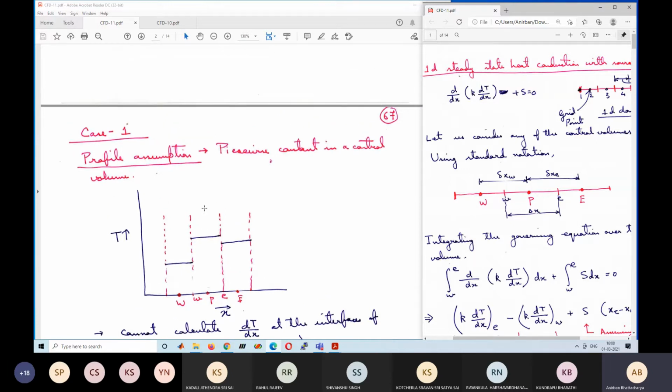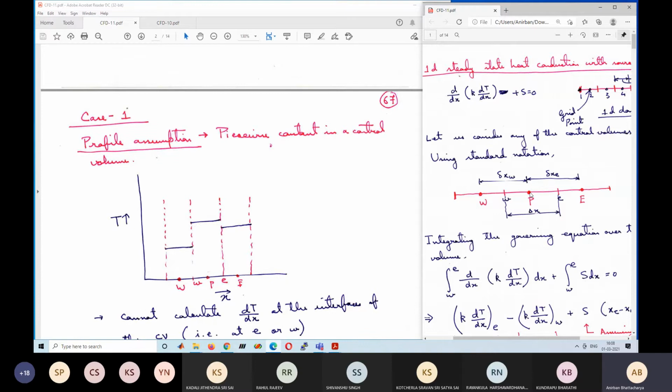So for example, if the temperature at point P is 300 Kelvin, I will assume that the entire control volume is at 300 Kelvin, because we cannot resolve inside a control volume, right? It is like the minimum pixel size. We cannot say that at the center the temperature is 300 and at another point it is 250. So we are assuming that the entire control volume is at the same temperature.